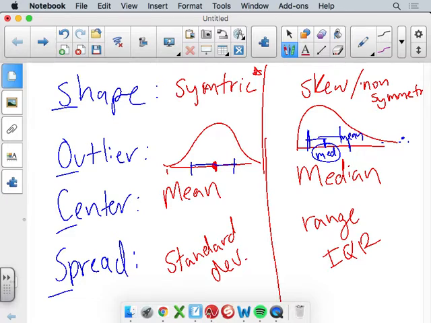IQR is the middle 50%, which might describe that a bunch of my data is right here, squished together, and not over here. So when you go through shape, outlier, center, spread, it gives you a full description. You've really talked about everything you need on a graph. So I'm just not going to go into it too much. I'll just hit on it and go. Okay.